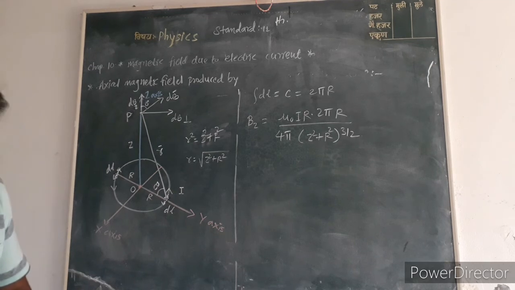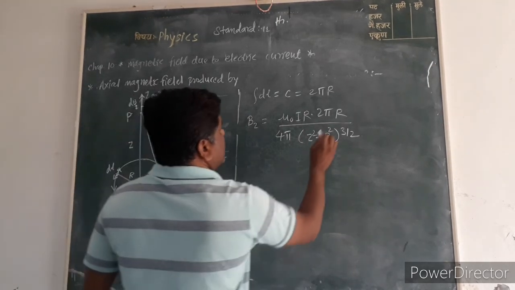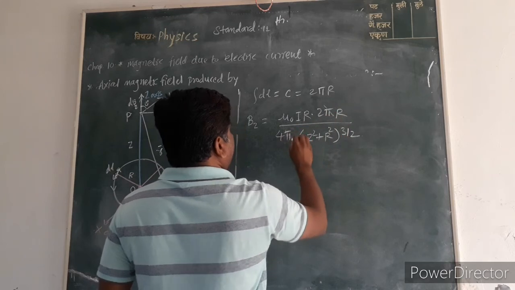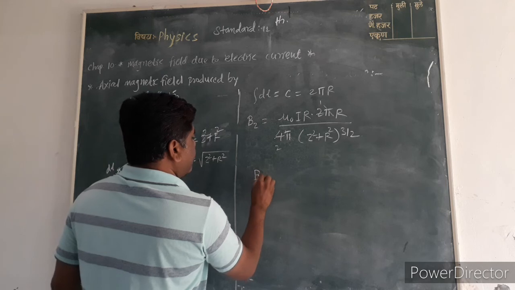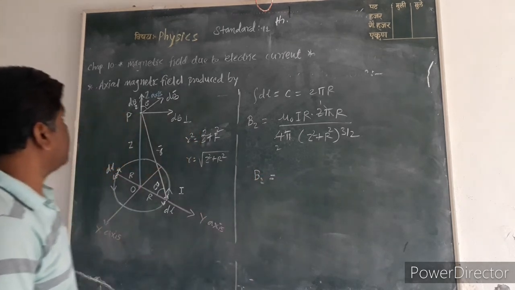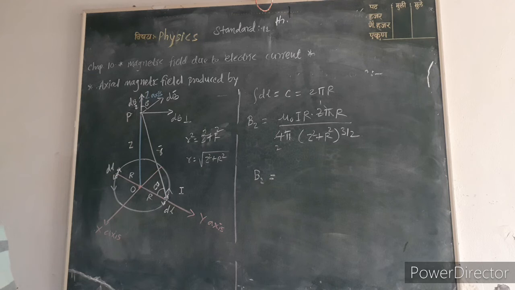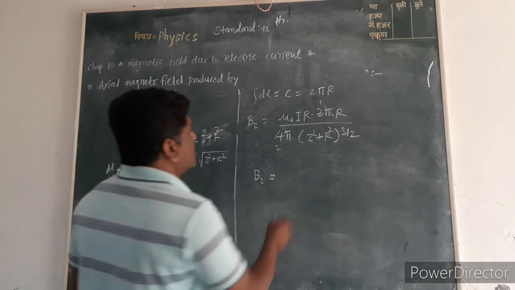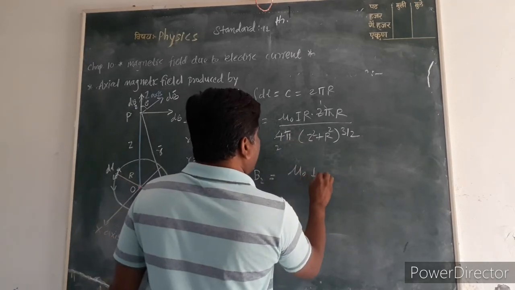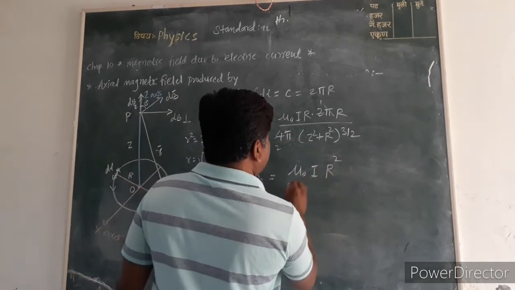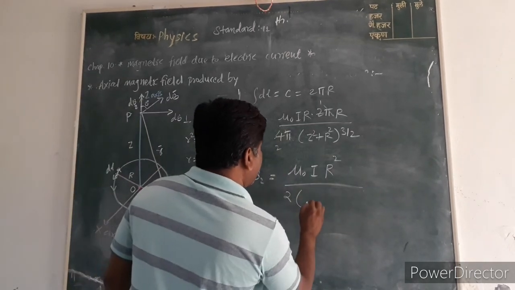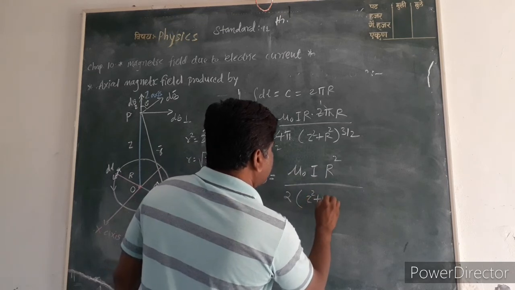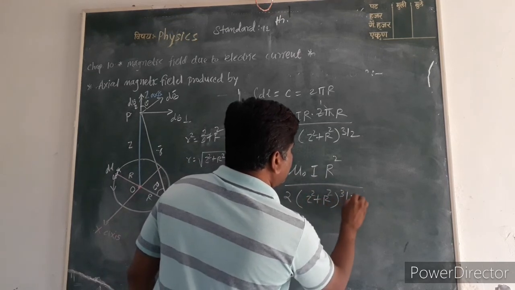Finally, pi cancels and the 2 remains in the denominator. Therefore Bz, the magnetic field produced by the circular loop along the z-axis, is equal to mu 0 I R squared divided by 2 into the bracket z squared plus R squared raised to 3 by 2.